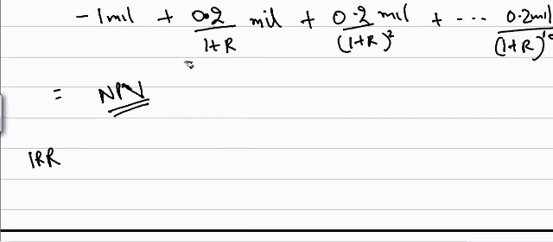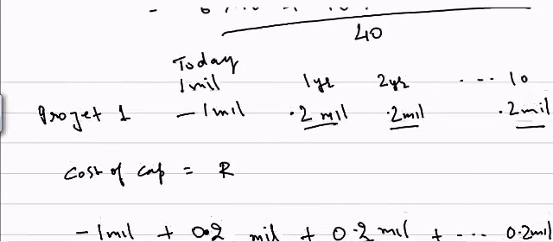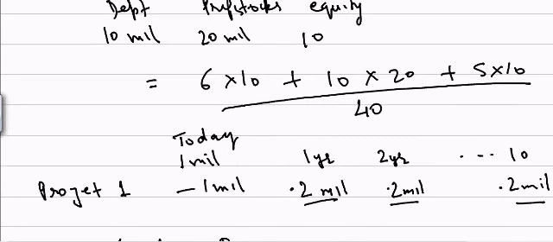So let's go back here, and we can calculate this. This was 60 plus 200, 260, 310. So it is 310 divided by 40, which is approximately 7.7 percent, right?